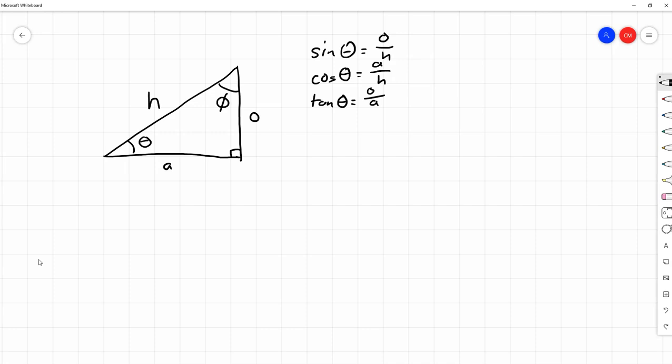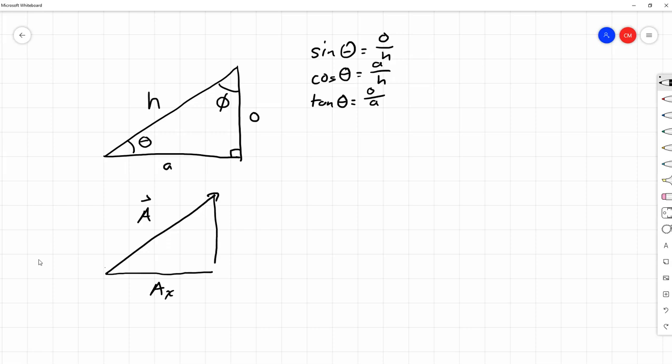Now, let's say here's my vector A. This is my x component, which I'm going to call Ax.